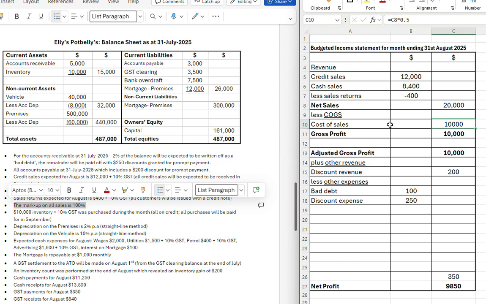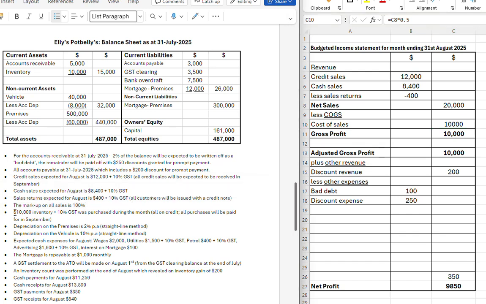If we had 100% markup, 100% of 10K is 10K, and we tack that on to get our selling price, which would give you a net sales of 20K. So that 100% markup, like I said before, also brings the sales returns into play. So therefore, we've kind of catered for both our revenue and our negative revenue there.